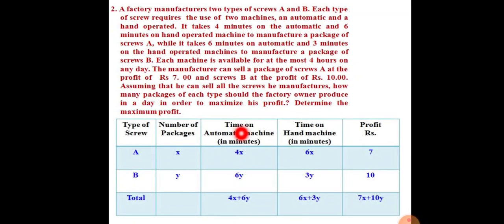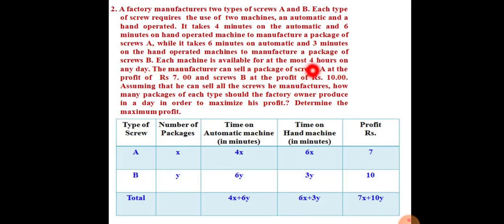Our objective function is maximize z equal to 7x plus 10y, and subject to the constraints 4x plus 6y is less than or equal to 240. What is this 240? In the example we have at the most 4 hours on any day.